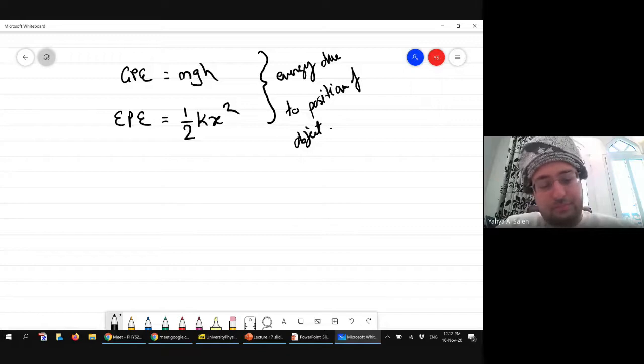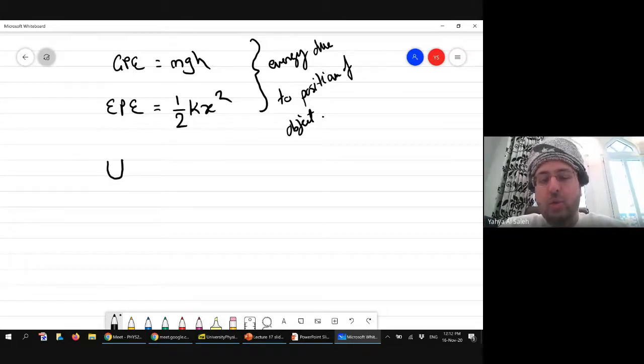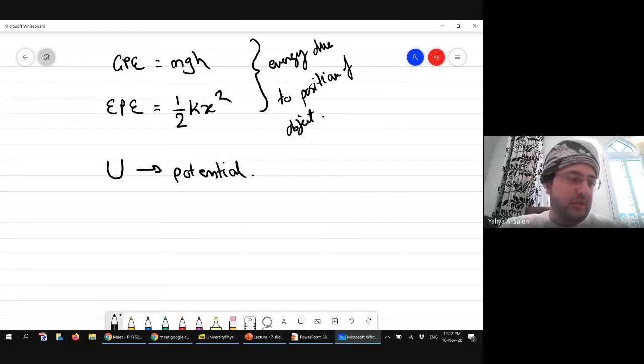Now, what this also means, another way to look at it, is that this potential energy, which for now I will call U, will represent all sorts of potential energy.